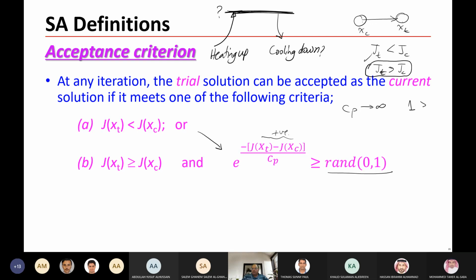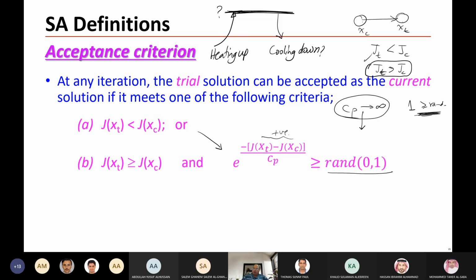So 1 is definitely greater than or equal to any random number between 0 and 1. So with very high temperature, we can accept the trial solution even if it is a bad solution.